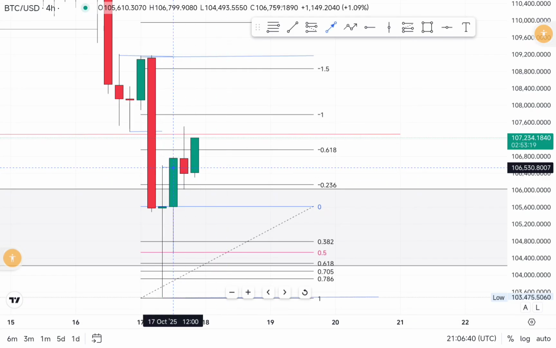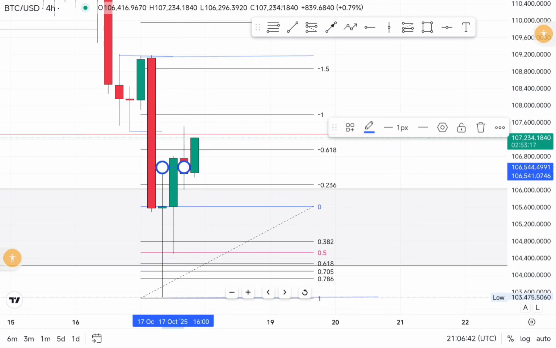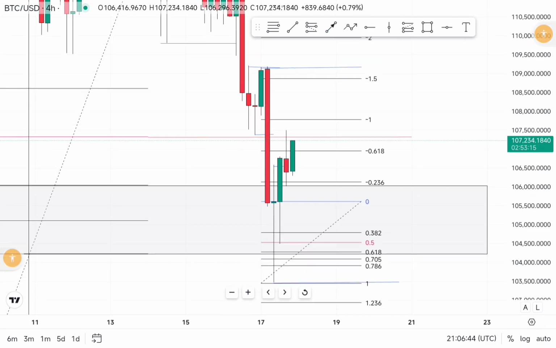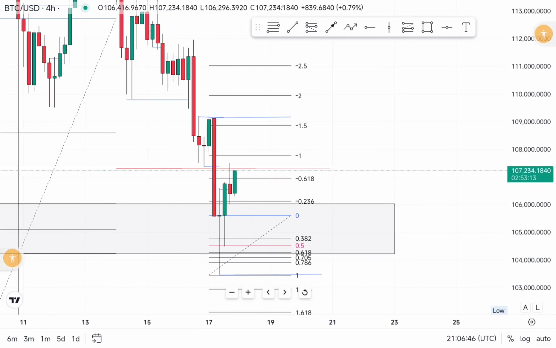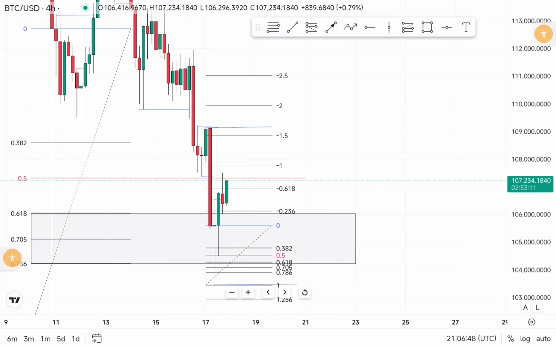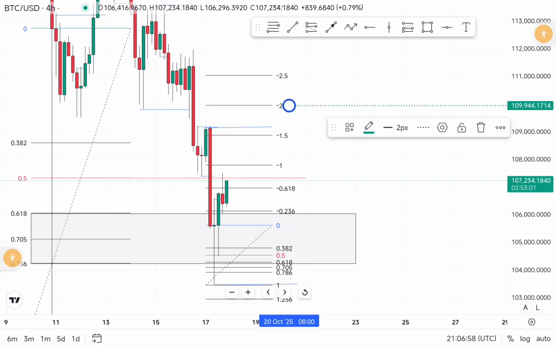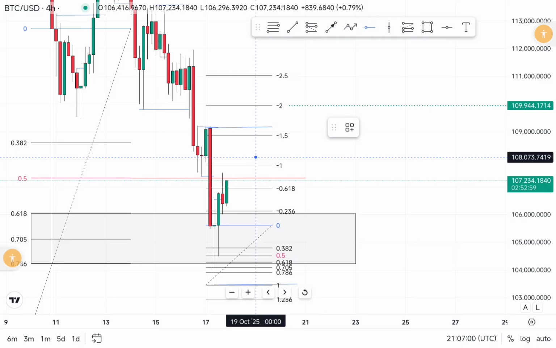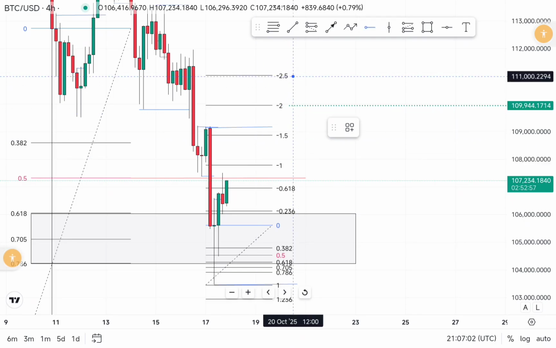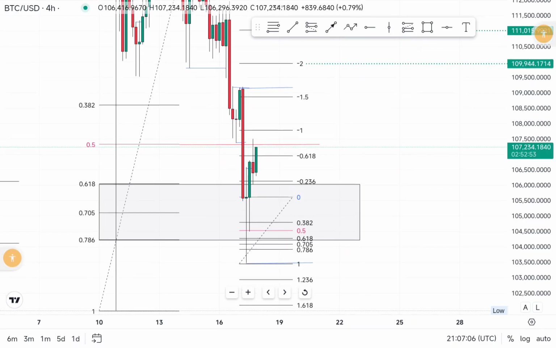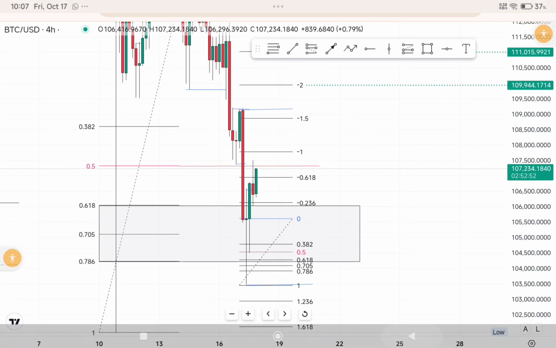That also serves as a hammer, which signifies a reversal. You can see that's the extension, the level we'll be looking at to make our entry and exit.